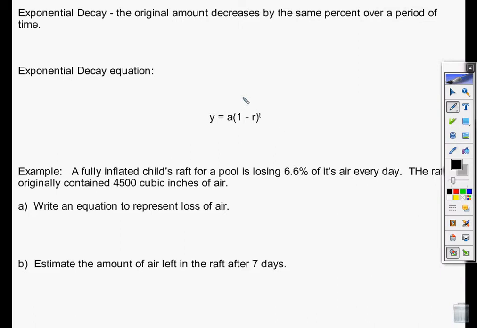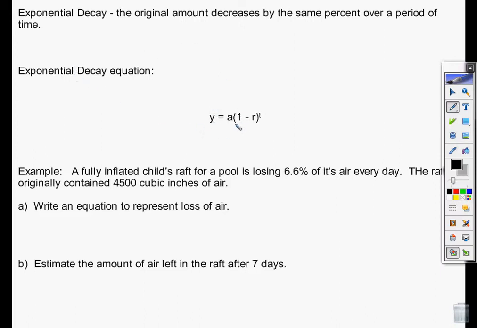Exponential decay. Now, if exponential growth is growing, decay is decreasing, right? And if you think about it, when things decay, they decrease down into a pile of goo or whatever.